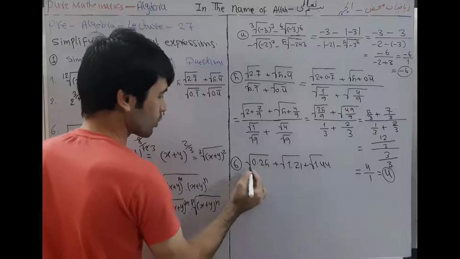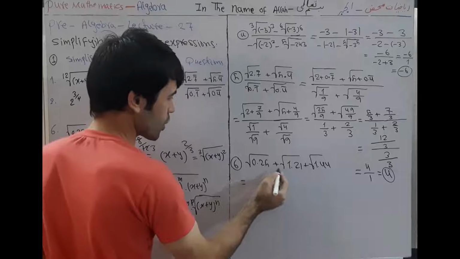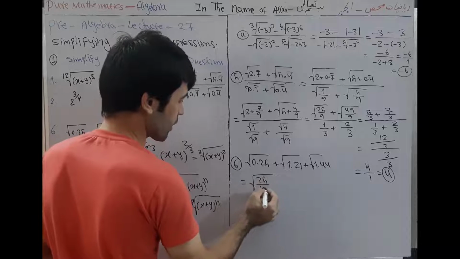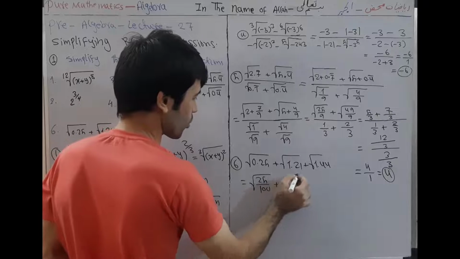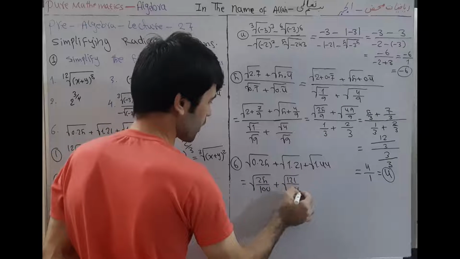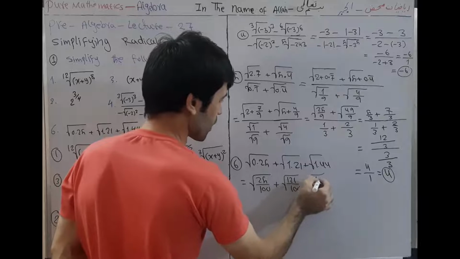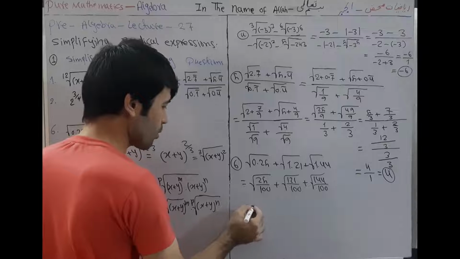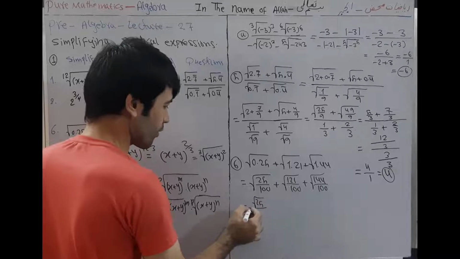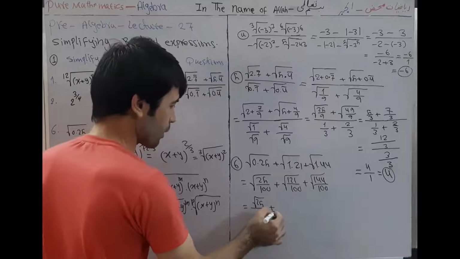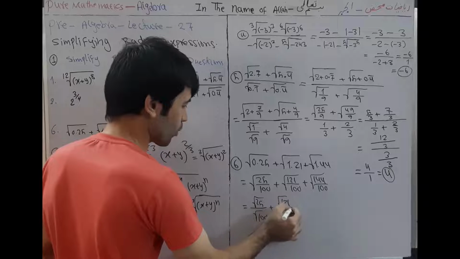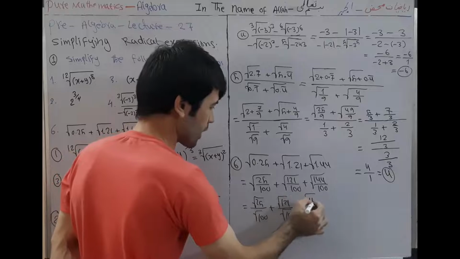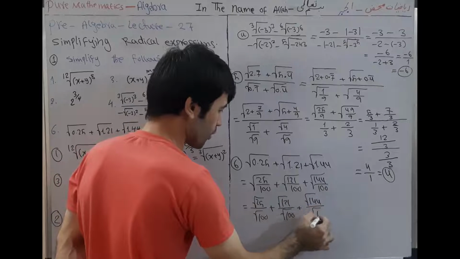It is equal to, we change it to common fractions, 25/100 plus square root of 121/100 plus square root of 144/100. Now square root of 25 over square root of 100 plus square root of 121 over square root of 100 plus square root of 144 over square root of 100.